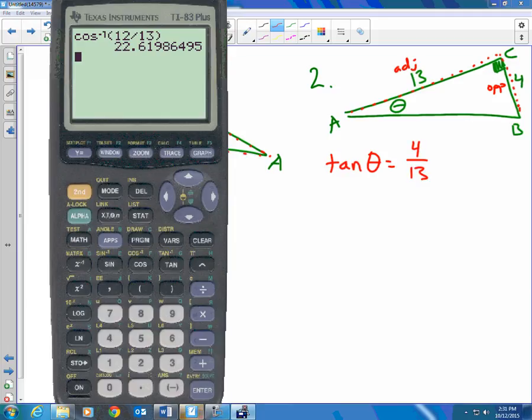4 over 13. You go ahead, see if you can do the operation now to come up with the angle, okay? I'm going to give you 20 seconds here, see if you can use your calculator to come up with the angle.